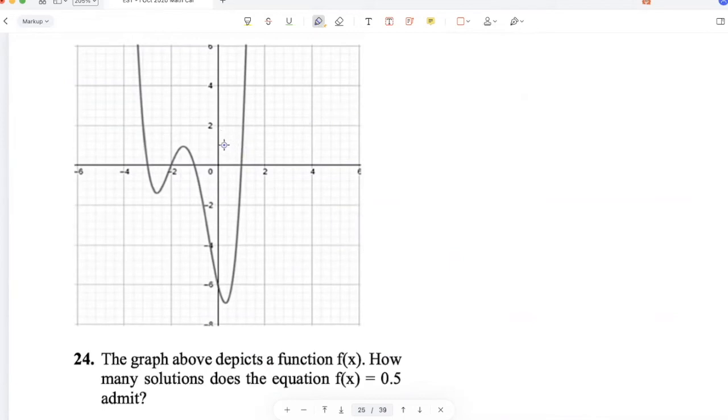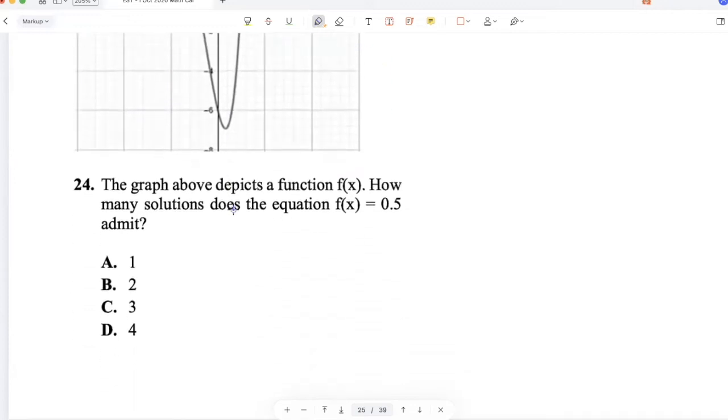So if I drop a horizontal line, then this is y equal to 0.5. So 1, 2, 3, and 4. So there are 4 intersection points. So 4 solutions.